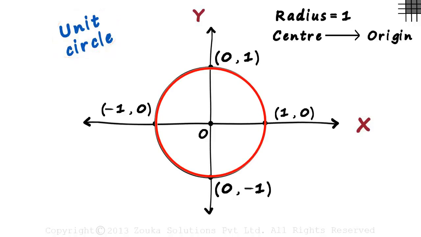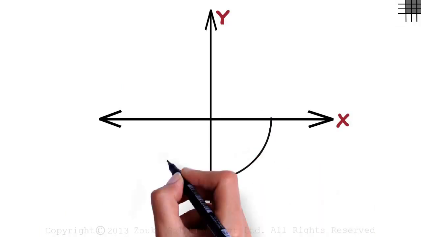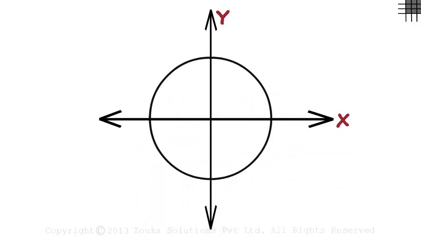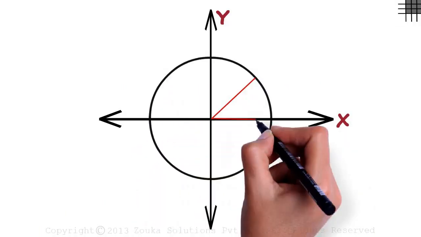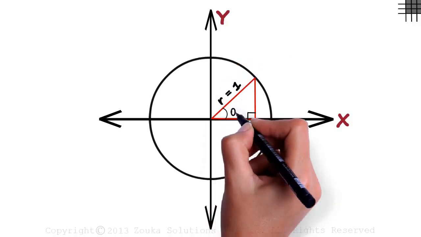But how does this circle help us understand the relation between theta and the trigonometric functions? Let's see. Let these be our x and y axis, and let this be our unit circle. We draw a right triangle this way. We draw it such that the hypotenuse of the triangle is the radius of the unit circle. So the hypotenuse will be 1 unit, and we let this angle be theta.